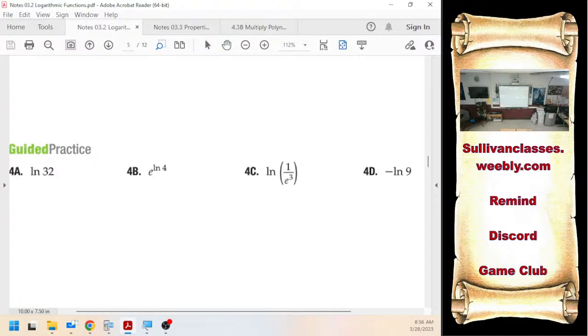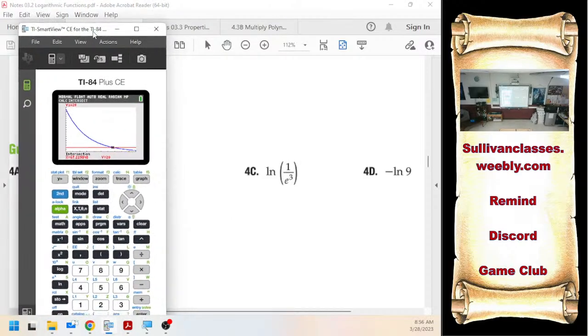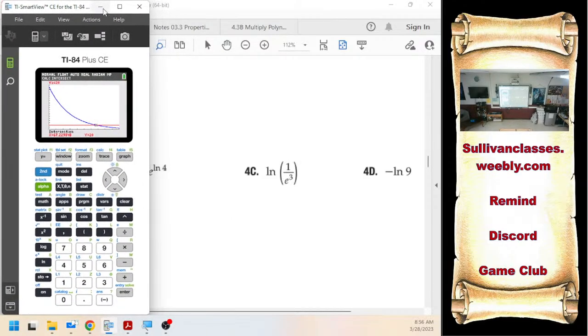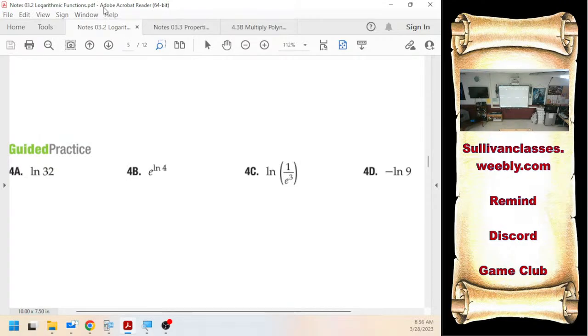You could absolutely use the calculator to check that. But don't just rely on the calculator to do everything for you. Also, sometimes calculators are going to give you some nasty decimal answer when it could have been written as a rational number, or as an expression with e in it.